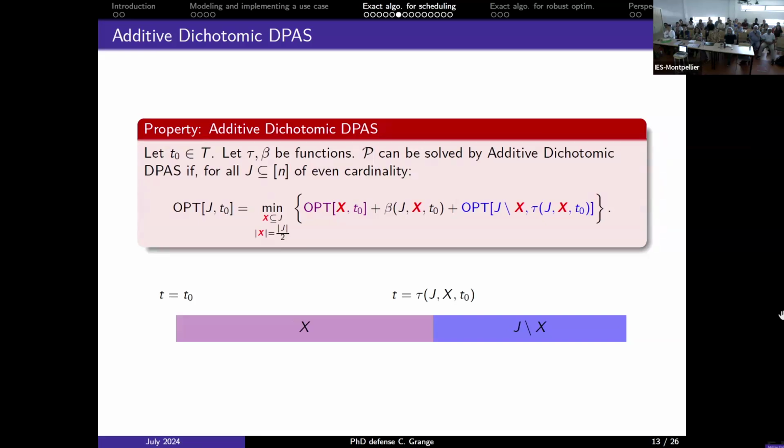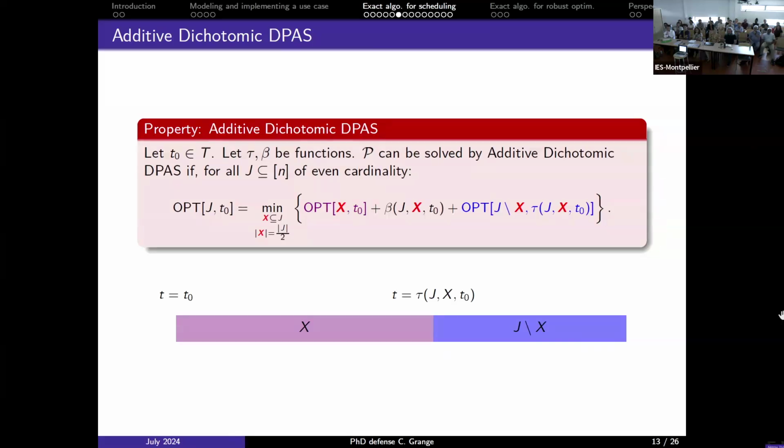Hence the name dichotomic. Okay, so to compute opt of J and T0, I compute the best value of X for any X, so the best value of the first part of the permutation, and then the second one, and I find the minimum of the best concatenation of the two permutations. And here we can see that sometimes we can introduce a term beta to express the fact that those two permutations cannot be concatenated.